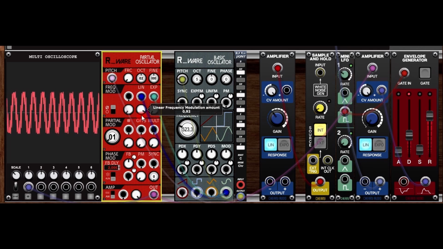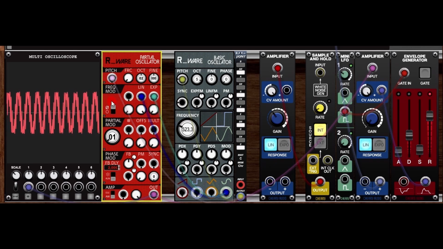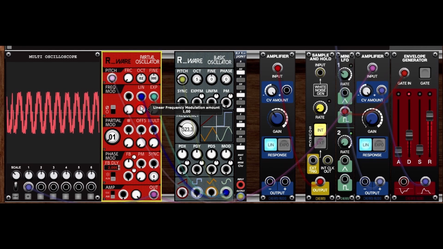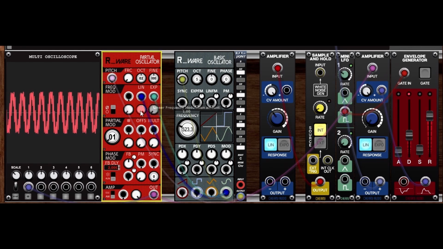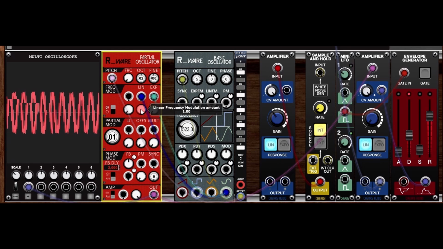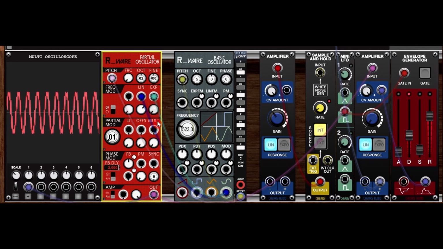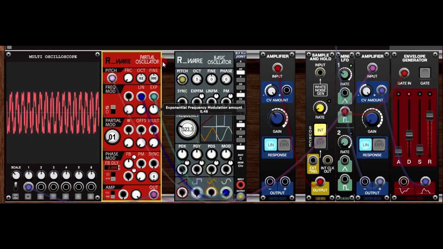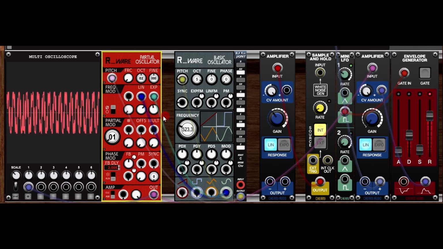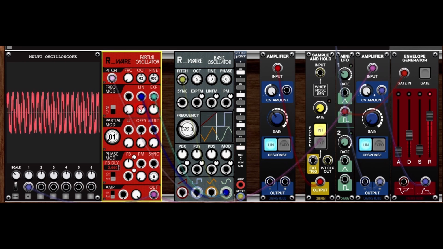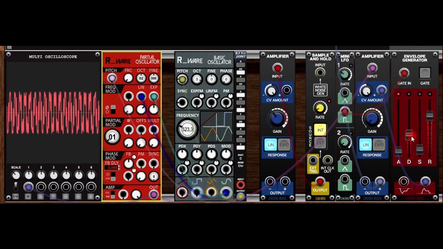Let me at least mention that with through zero frequency modulation we get more partials in the spectrum, but later a little bit more about this. I can play around with different combinations of linear and exponential and with different envelopes.